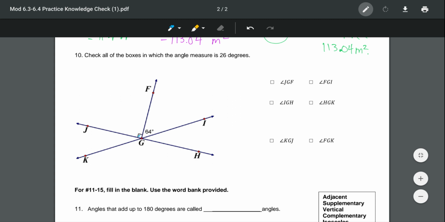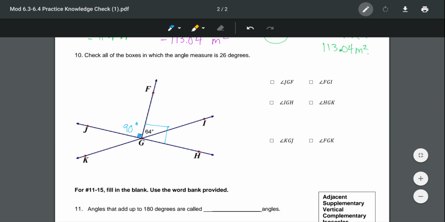The box here for angle G or JGF is 90 degrees. That's what the box indicates. Now we want to figure out the other pieces. If this angle here, JGF, is 90, that means that angle FGH, that entire angle, would also be 90.